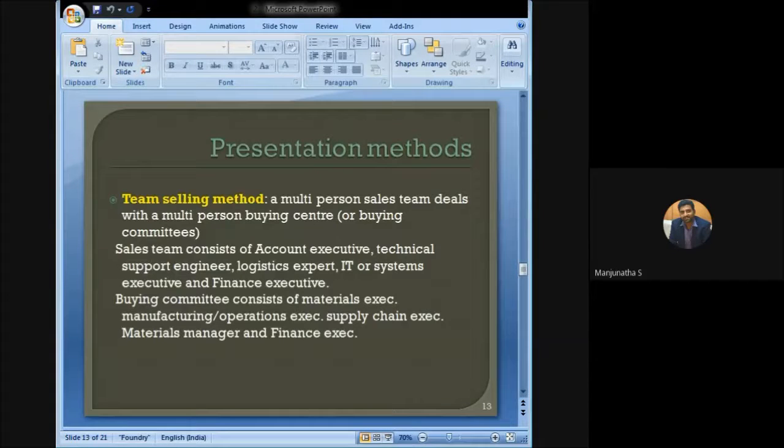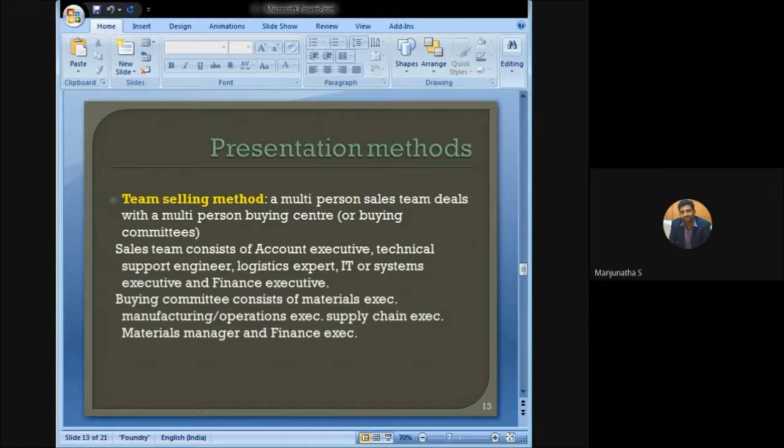Then moving to the next presentation method, team selling method is also there. A multi-person sales team deals with a multi-person buying center or buying committees. Here the sales team consists of account executive, technical support engineer, logistics experts, IT or system executive, and finance executive.